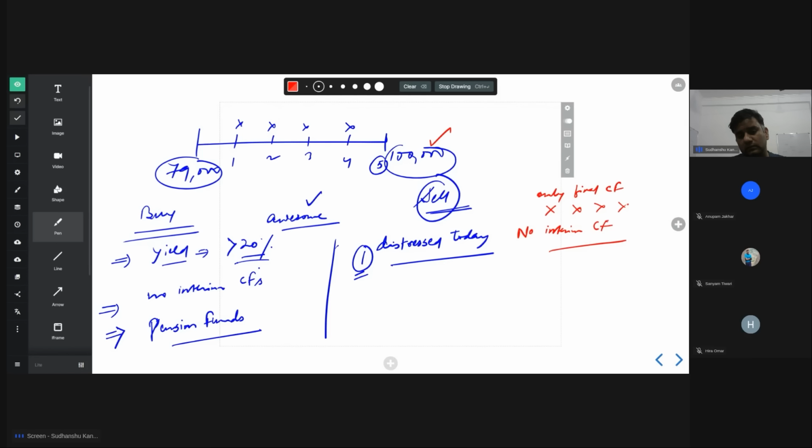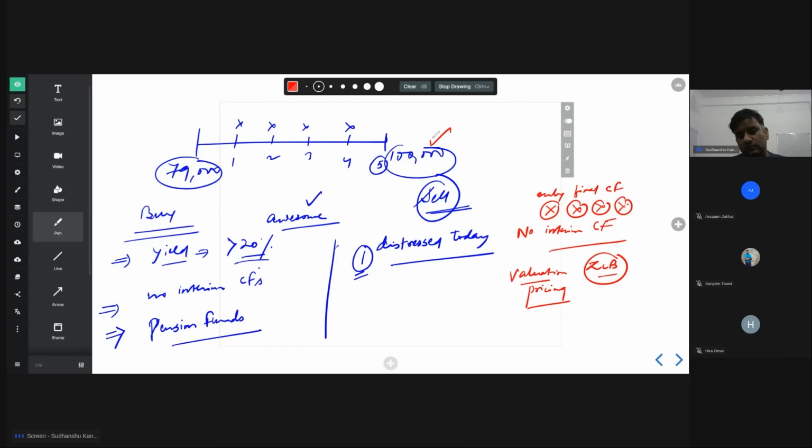Since they are mathematically quite easy to understand, we don't need to worry about what is the present value of this, what is the present value of this cash flow, right? So whenever we are studying valuation or pricing, we always start with zero coupon bond, because it has only one cash flow, and that is only the end cash flow.